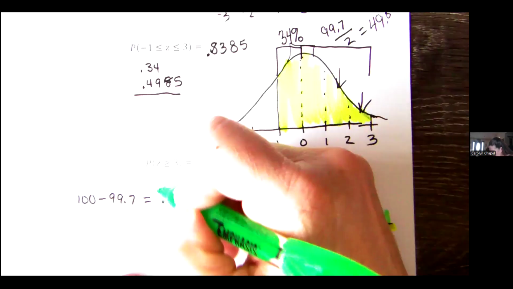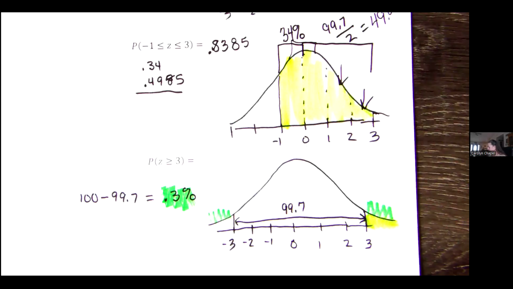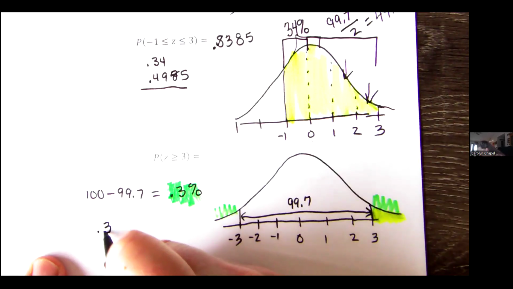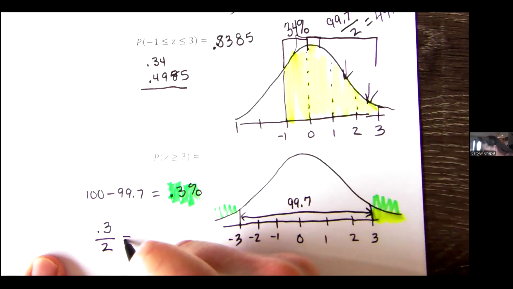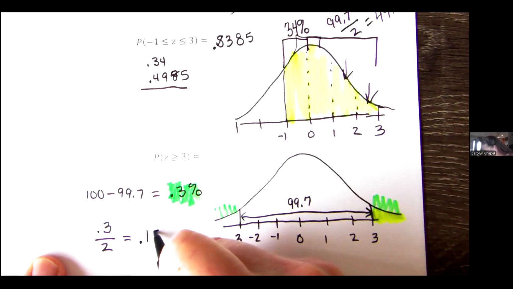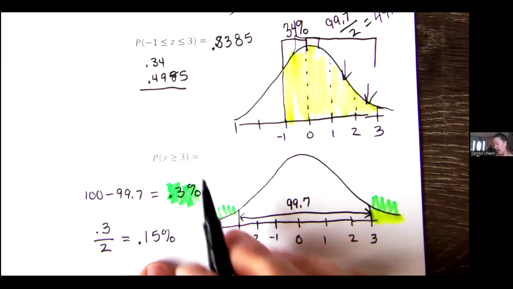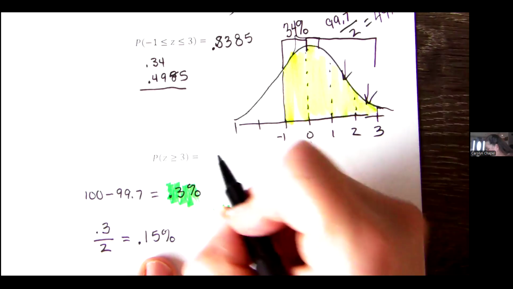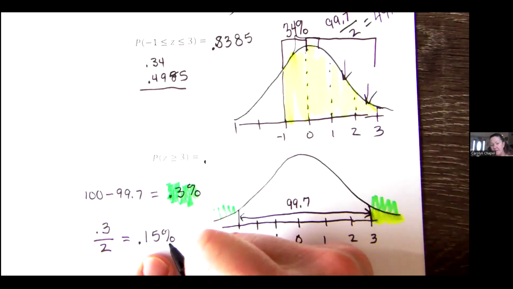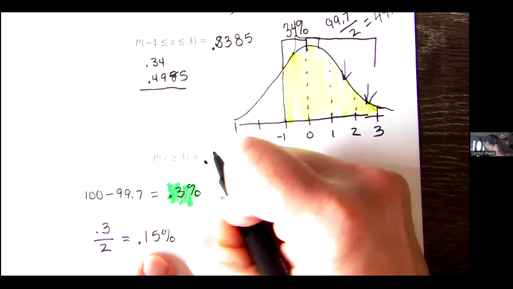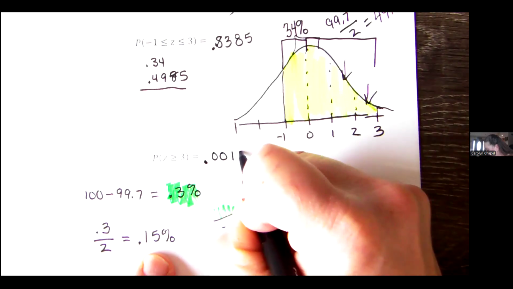So that would be my green region there. I just want the upper one, so I'm going to divide 0.3 by 2, and I come up with 0.15. Notice this is a percent. So as a probability, that's going to be this percent in decimal form, 0.0015.